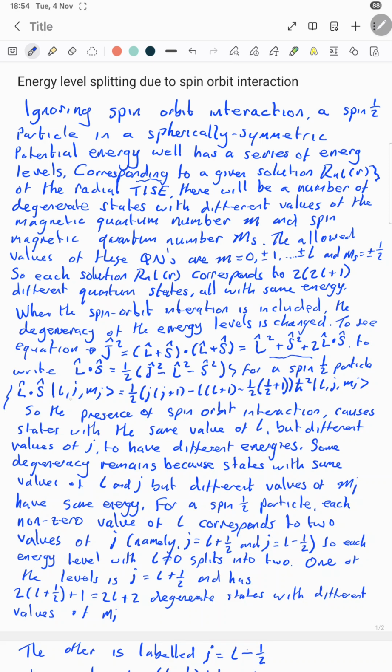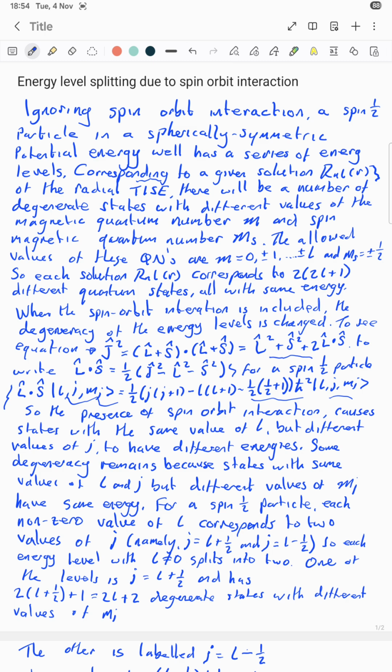L dot S operating on the vector, as we've been through a few times now, will result in this, a 1/2 plus 1 h-bar squared acting upon the vector here. So the presence of spin-orbit interaction causes the states within the same value of L but different values of J to have different energies.